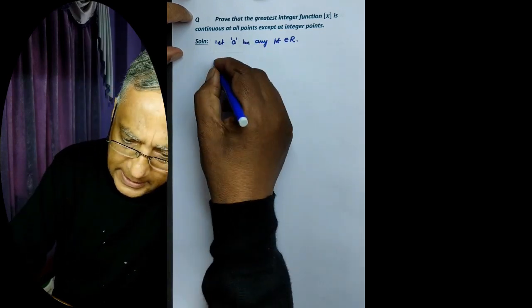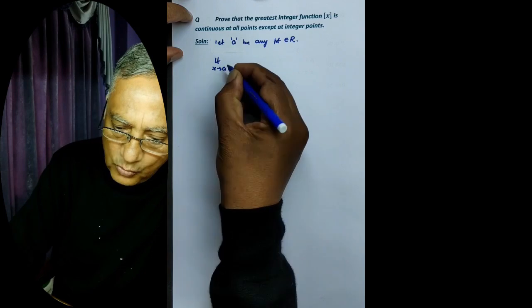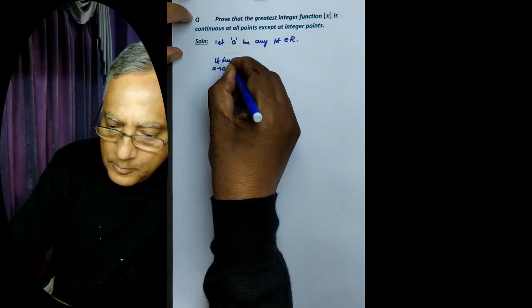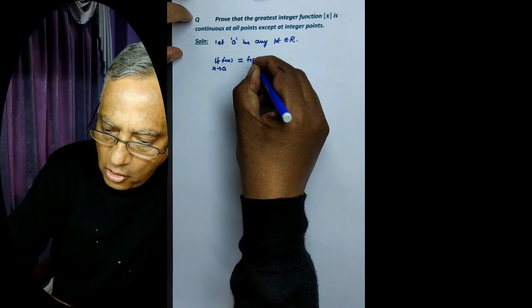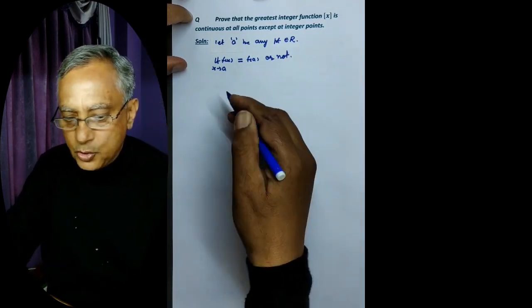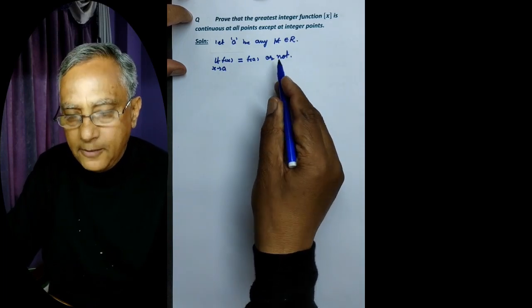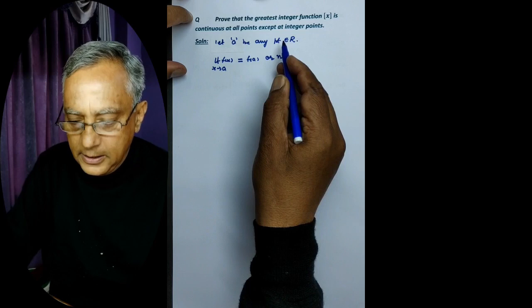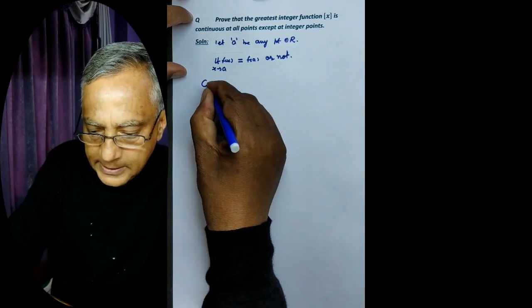That is, we have to check whether limit x approaches a of f(x) is equal to f(a) or not, if a is any real point. Now we can divide this question into two cases.